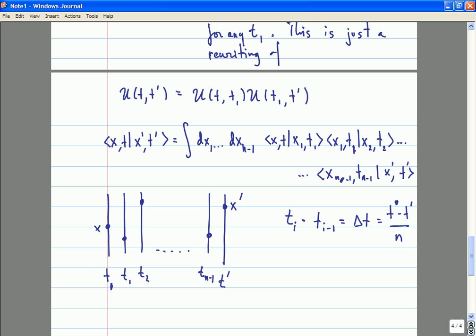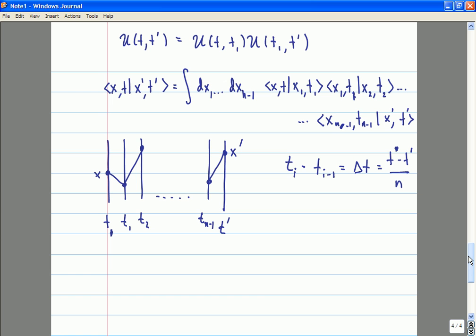And so this equation is the statement that the amplitude to go from the initial to the final time is simply the amplitude to go from here to here, then from here to here, and so on and so forth. And the point is that I'm integrating over all of these intermediate positions, x1, x2, and so forth.